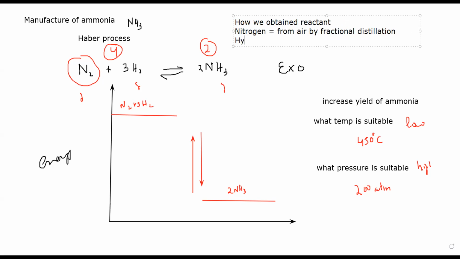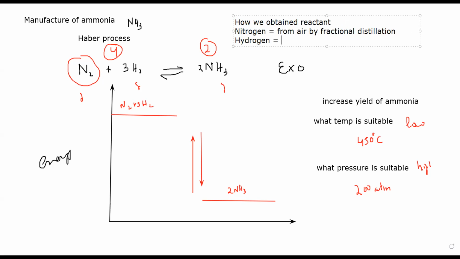And from where do we get hydrogen? There are different ways to get hydrogen. As we discussed with electrolysis, when we pass the current through aqueous solutions which contain hydrogen and another element which is more reactive, hydrogen will discharge.